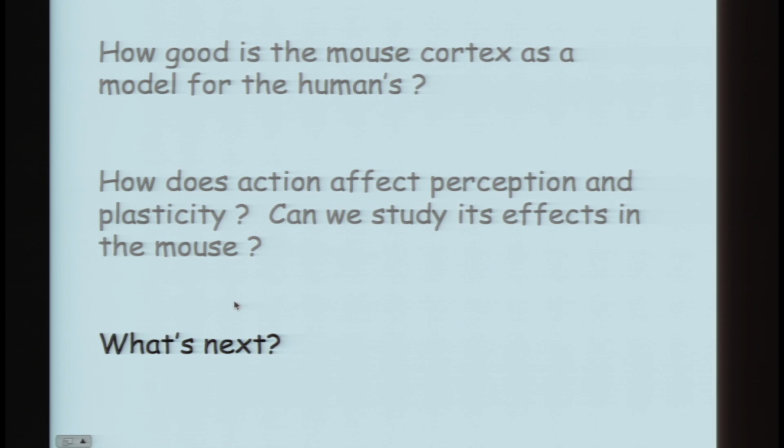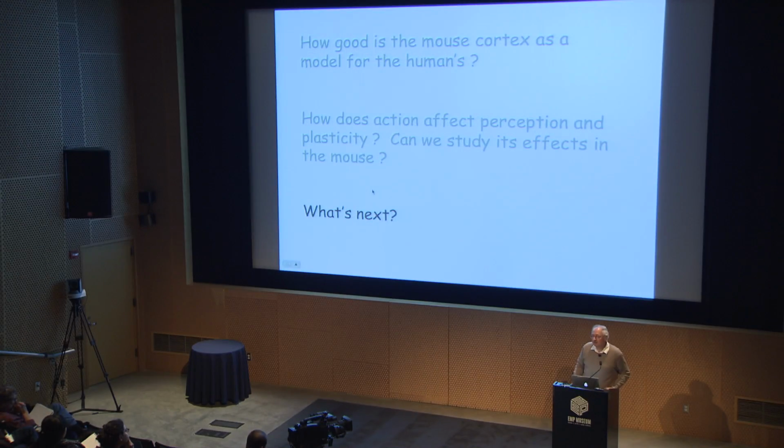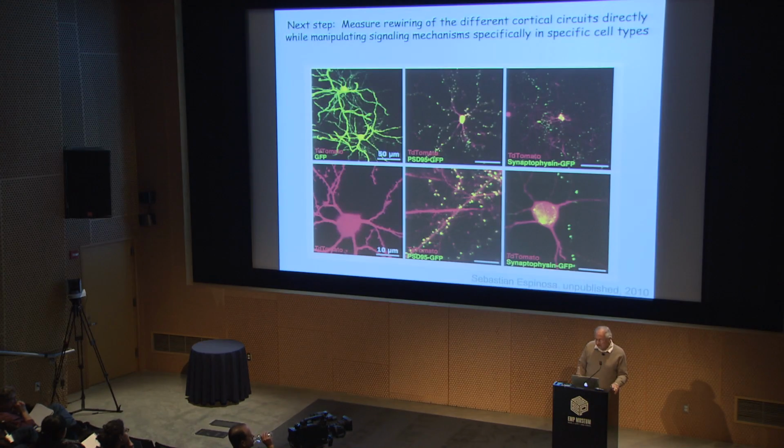So finally, sort of what's next? It's important to study the development of the circuitry and the actual plasticity, either in the way that Clay Reed so elegantly described, or at lower levels of resolution.